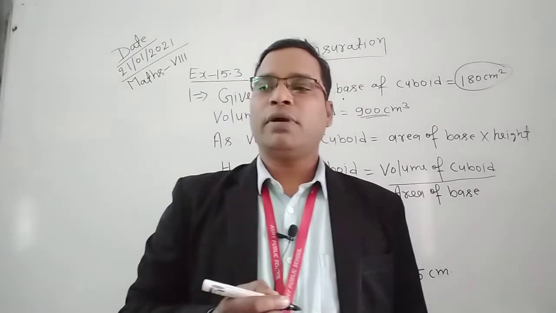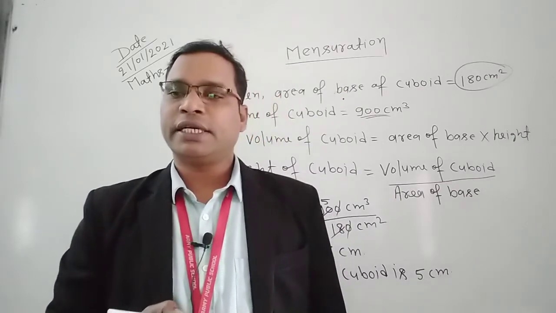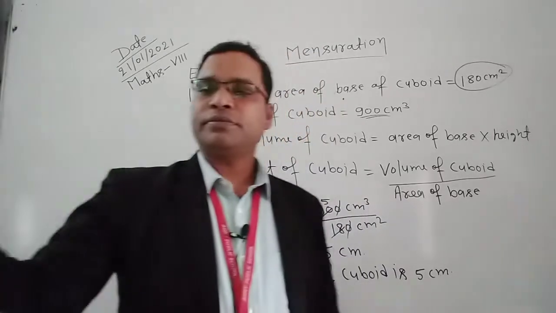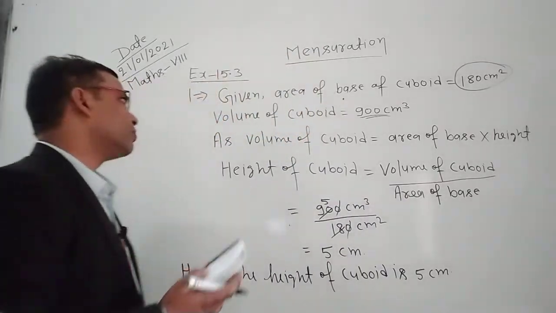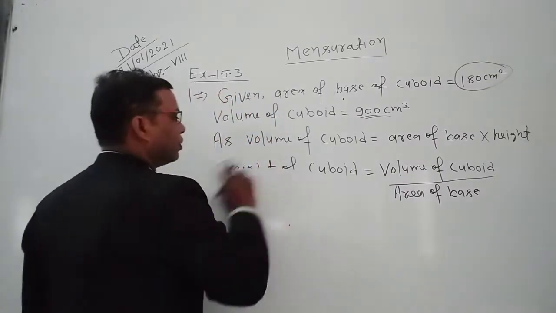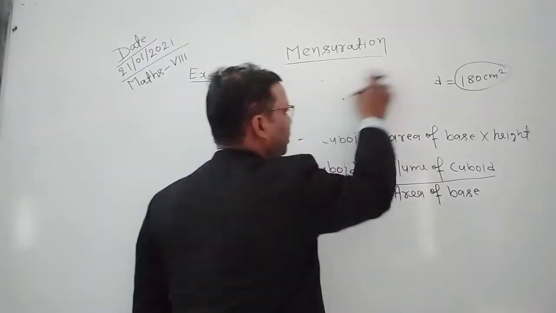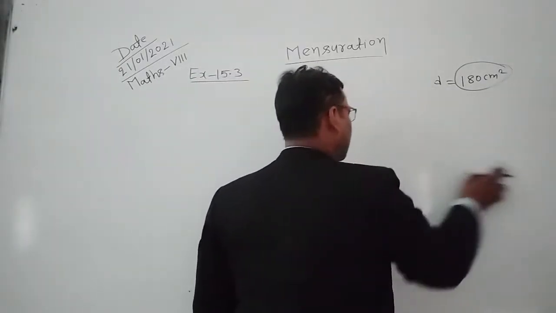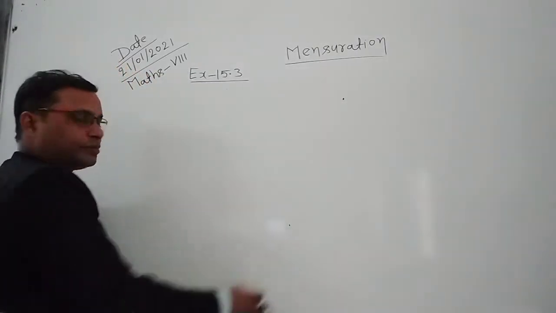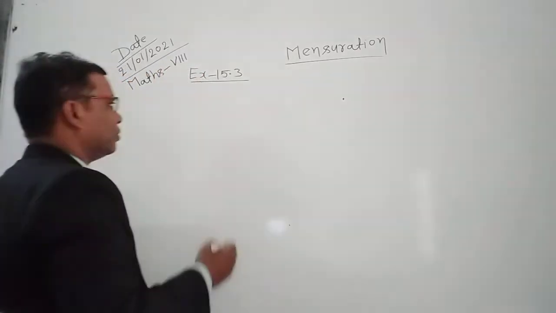So let's see how to find the volume of cuboid. You know very well, the volume of cuboid is equal to length into breadth into height. So your length is given 36 centimeter, breadth is given 30 centimeters and the height is given 24 centimeters.